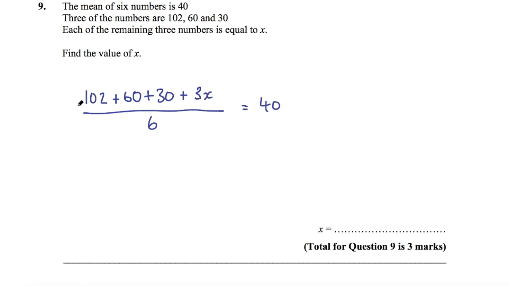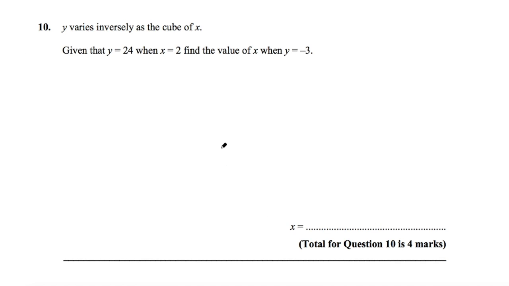So if I add those up, 102 plus 60 plus 30, that's 102 plus 90, that's 192, plus 3x, and then 6 times 40 is 240, and then we can subtract 192 from the right hand side, so that's going to be 3x equals 48, and then x equals 48 divided by 3, that's going to be 16, so x equals 16.